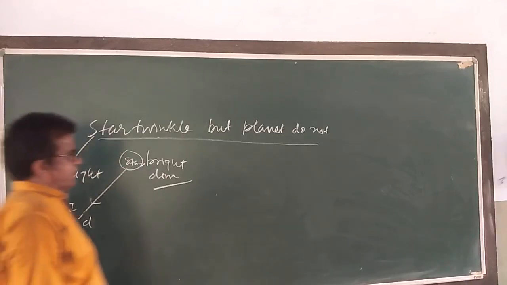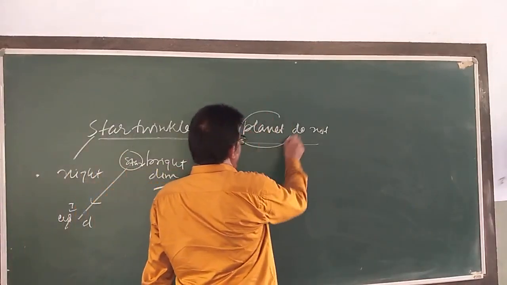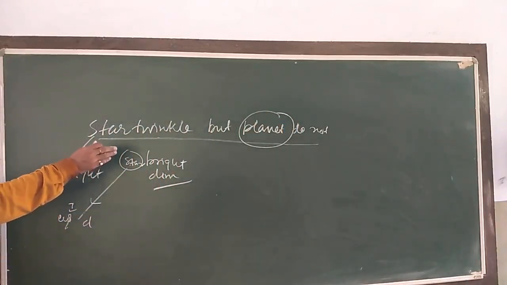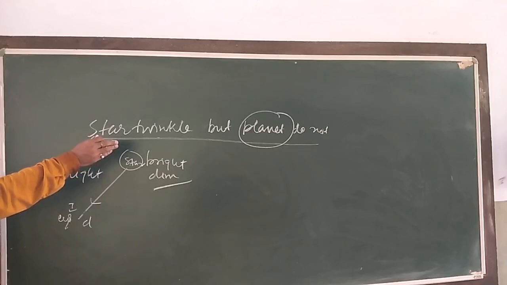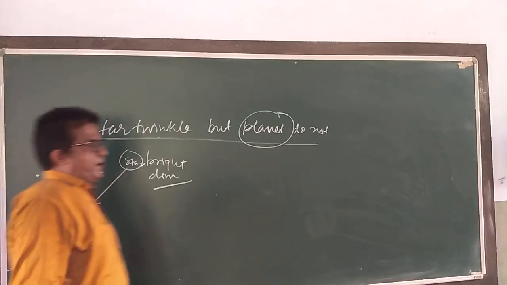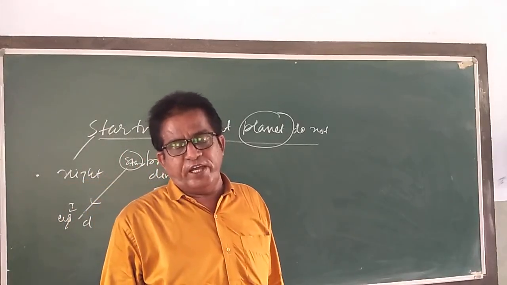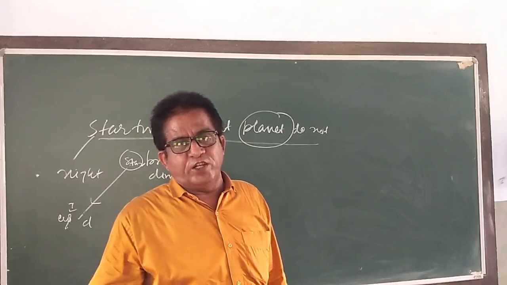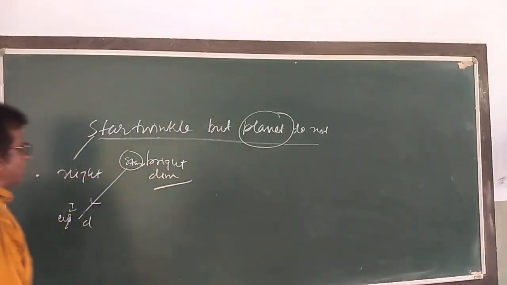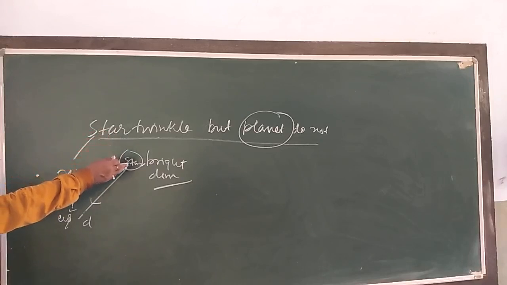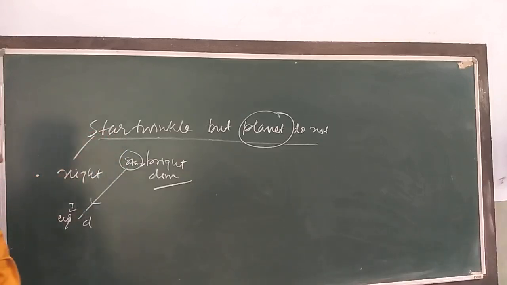On the contrary, planets do not twinkle because they are bigger than stars, and planets are close to the earth compared to the stars. Planets are nearer to us, stars are far away, and the planet's size is bigger. So a planet can be considered to be made up of a number of point sources of light.